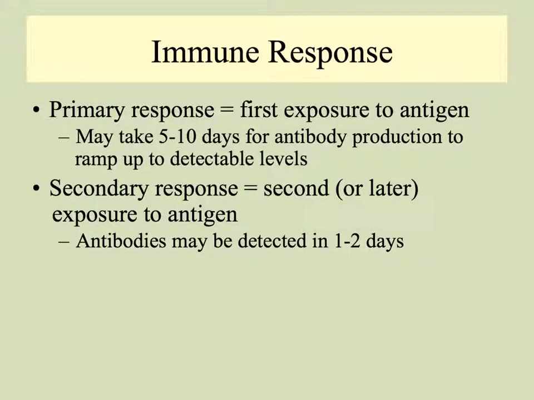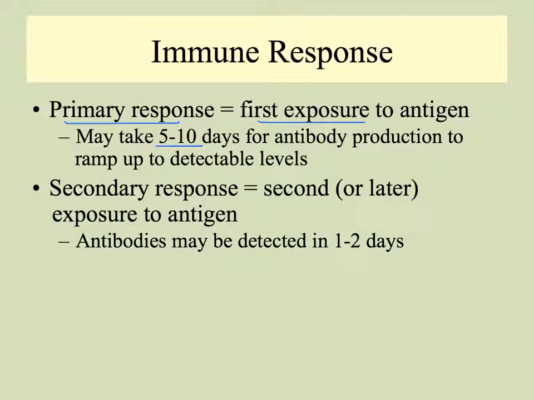Of the immune response, as I already mentioned, you have a primary response when you are first exposed to a particular antigen. The antibodies are being produced as the B cells come into play, reproducing and turning into plasma cells and cranking out the antibodies. But it might take 5 to 10 days for a discernible level of antibodies to be detected in the blood.